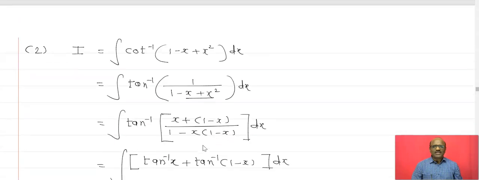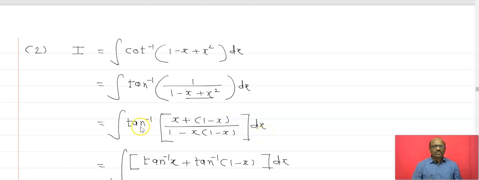Okay. Now the next question: I is equal to the integral of cot inverse of (1 minus x plus x square) dx. Again, cot inverse of 1 upon x is equal to tan inverse of x, and in this manner we have written the integral of tan inverse of (1 upon 1 minus x plus x square) dx. That is tan inverse of (x plus (1 minus x) upon 1 minus x into (1 minus x)) dx.